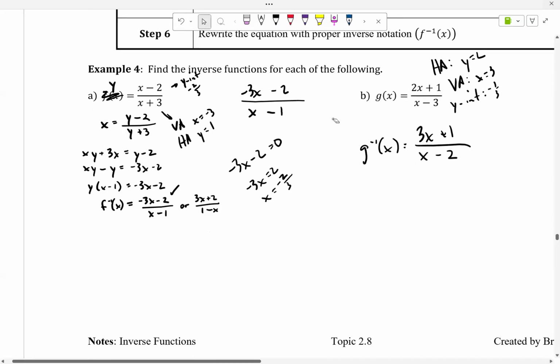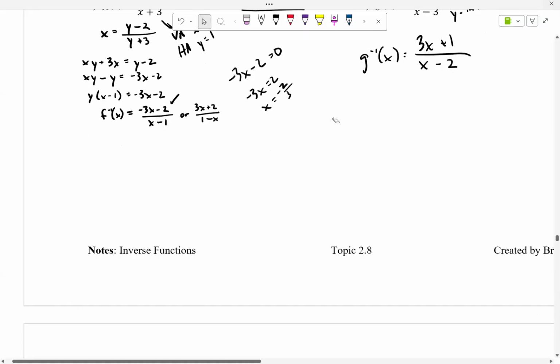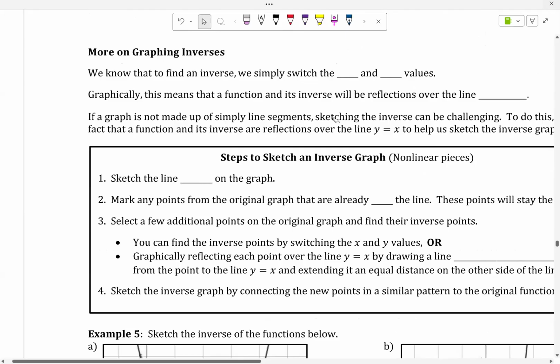Which one should you do on a test or quiz? I should do whichever one you feel more comfortable. At this point, either one is fine, but you should be able to do it algebraically. The other one's kind of a fun little shortcut once you understand the relationships, but you should definitely be able to do it algebraically.